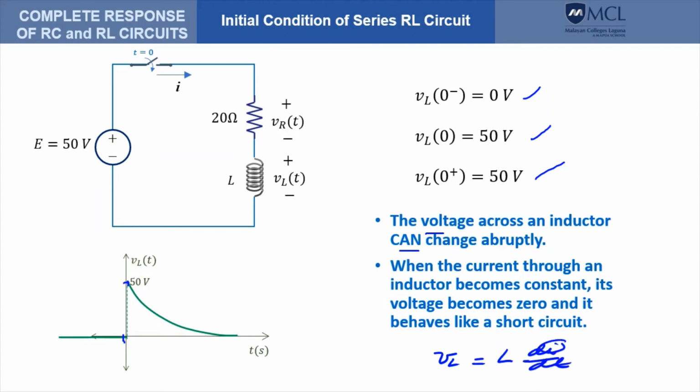If i is a constant, this should be equal to 0, and that should give us VL equals 0. And if the voltage is 0, that would mean this element is like a short circuit. That is the behavior of the inductor when the voltage becomes 0.